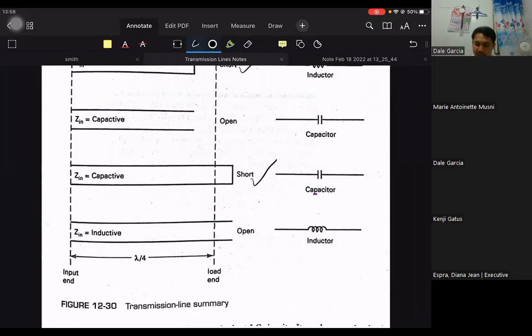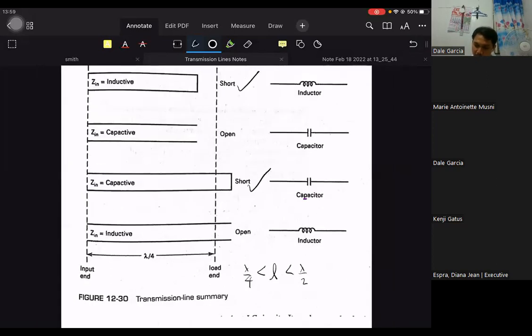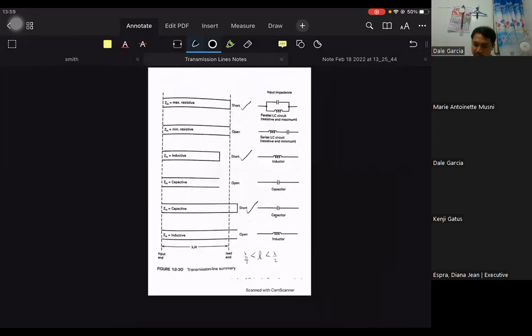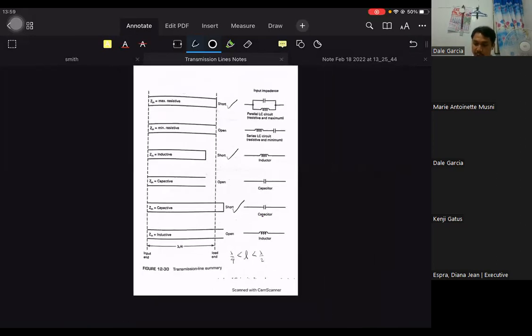Any transmission line longer than this broken line has a length between lambda over 4 and lambda over 2. This means the last two examples at the bottom have lengths between lambda over 4 and lambda over 2.